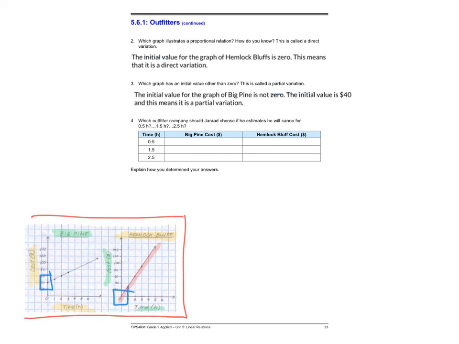Before we move on, I just want to summarize those two ideas. If we have a graph, and that line starts down at 0, it is a direct variation.